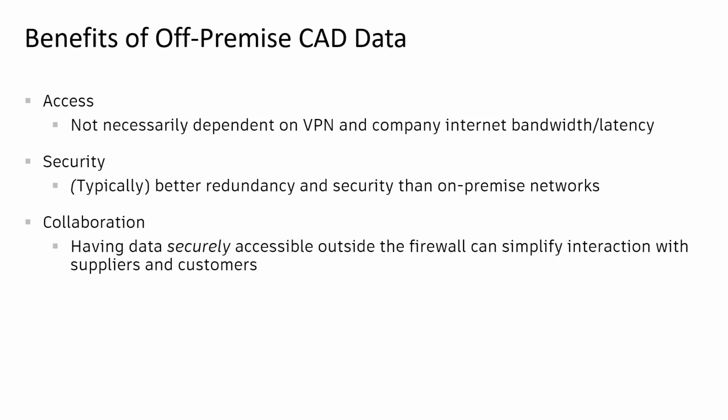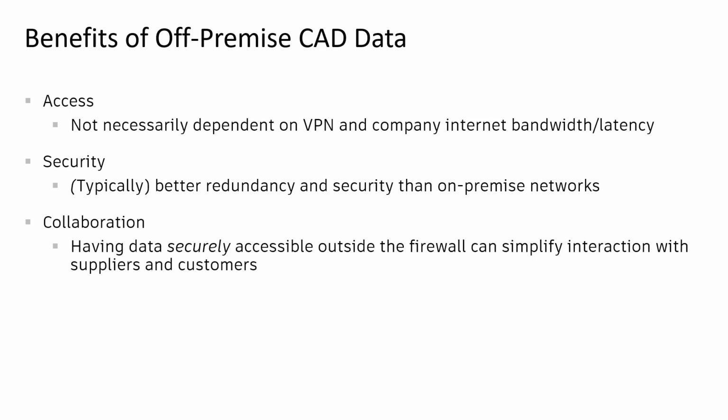And then collaboration can be improved as well. If you can somehow safely get the data outside the firewall, it can greatly simplify interaction with vendors and suppliers and customers. You don't have to give VPN information to a customer so that they can then log into your vaults, for example, and look at something.